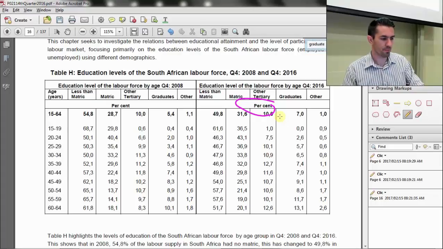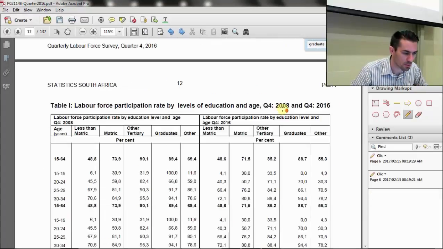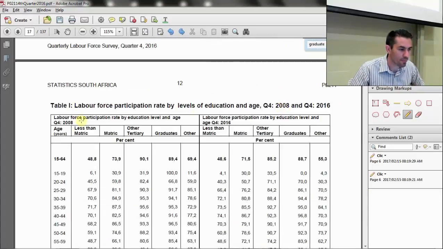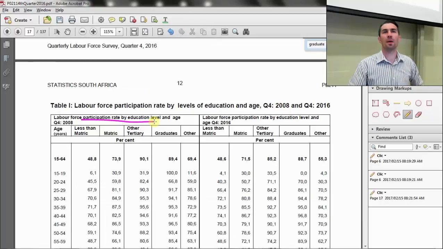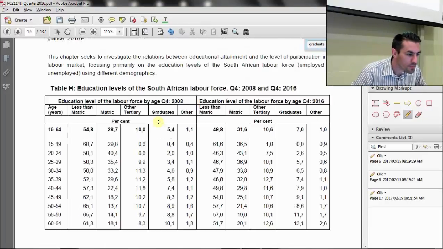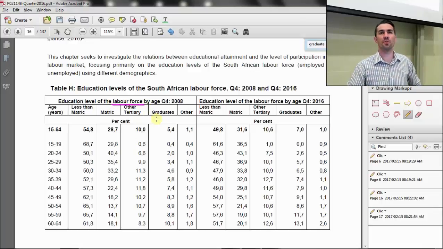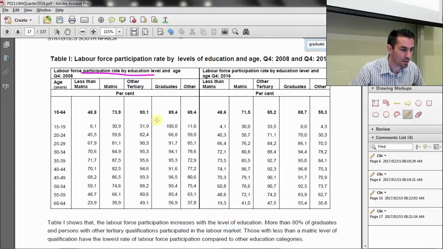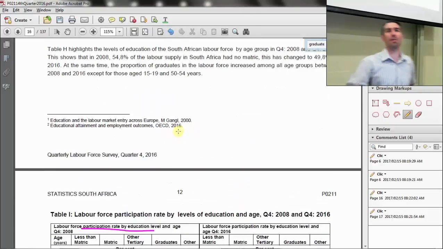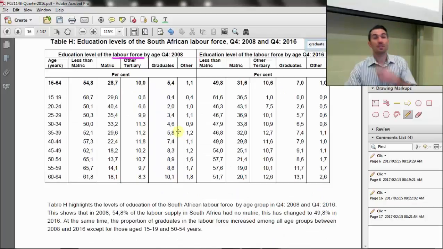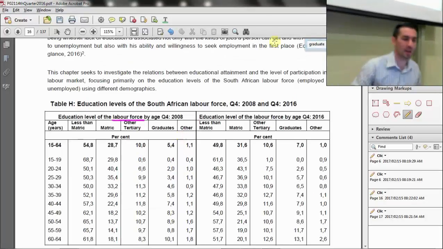Oh no, I think this is percentage of population. Oh, here we go. Here's participation rate by education level. This is just percentage of labor force in terms of education, I think. Yeah, it's there. I'll take a look at it, and then tomorrow when we start, I'll give you a breakdown of what those tables say. But yeah, that information is there.